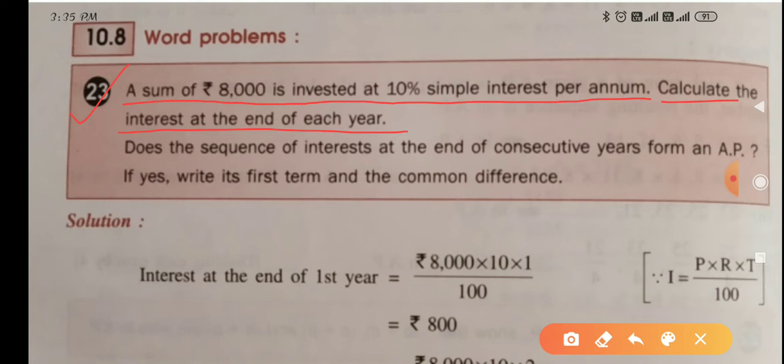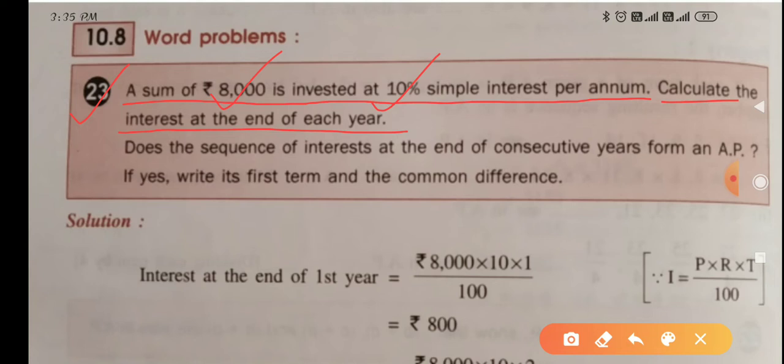In simple interest, you have to find the interest of each year, meaning the interest at the end of the first year, the second year, the third year, and so on. Principal you have is 8,000, rate of interest is 10% per annum, and time they are not giving, because you have to find interest at the end of each year.